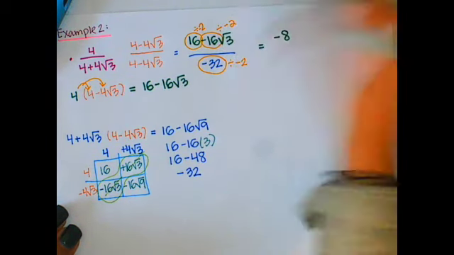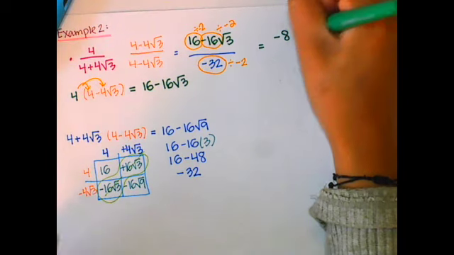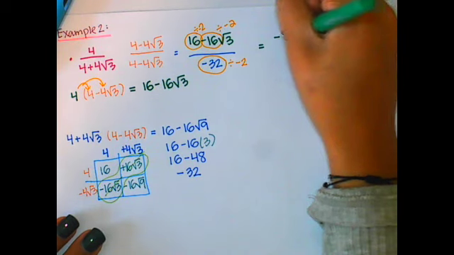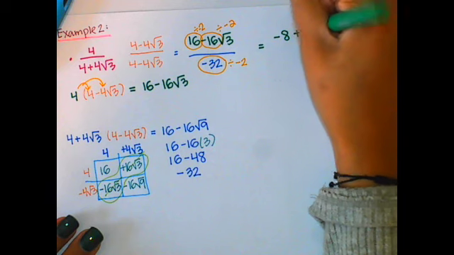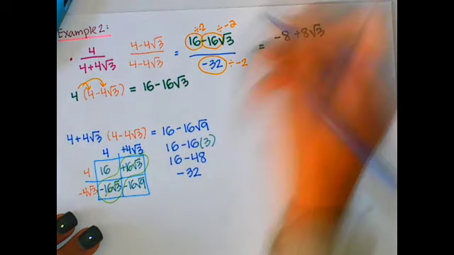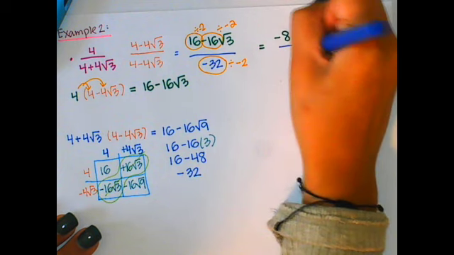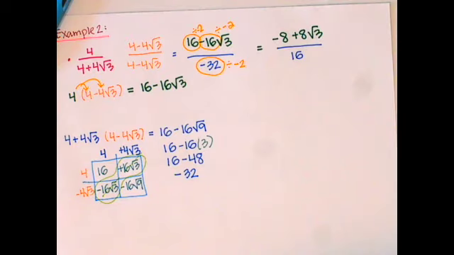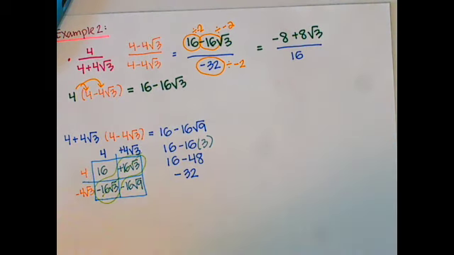Negative 16 divided by a negative 2 would give me a positive 8 radical 3 over 16. I notice now that I could have actually simplified by 16 instead of a 2, but that's okay.